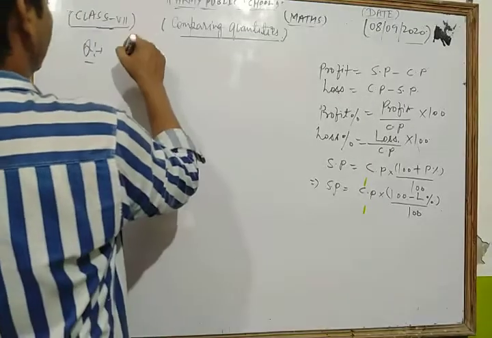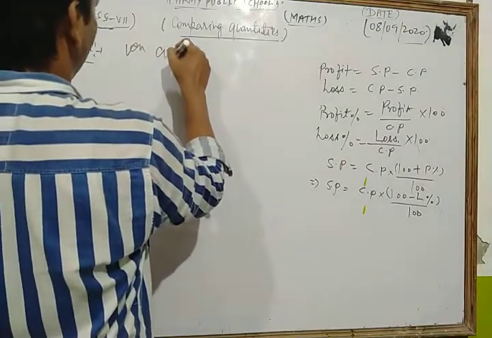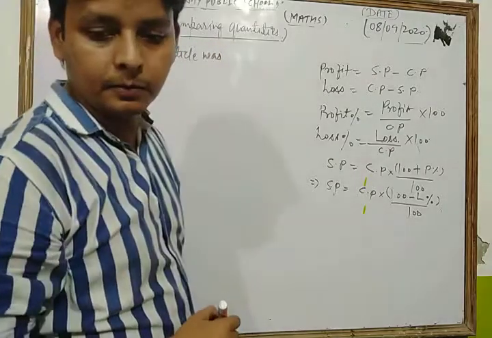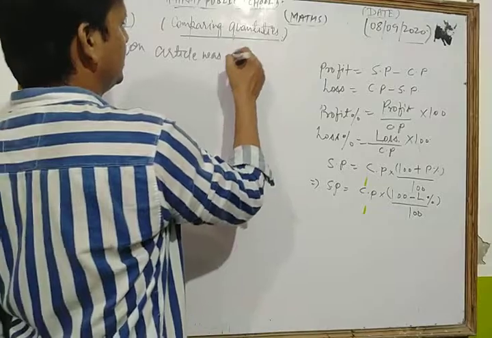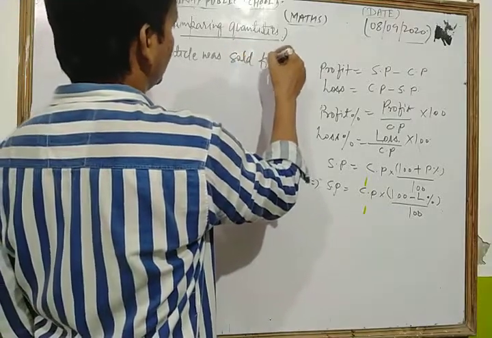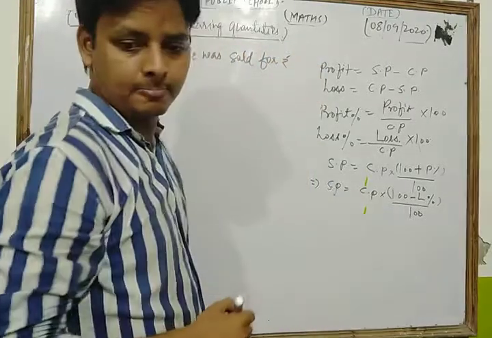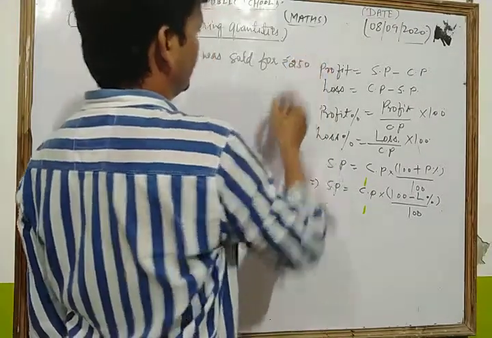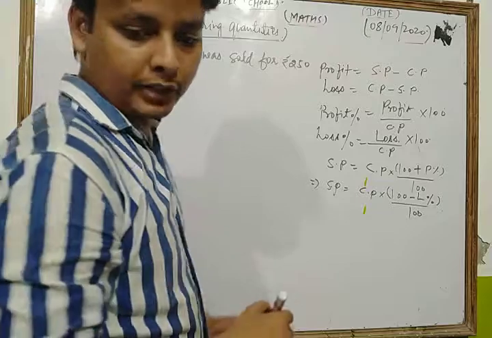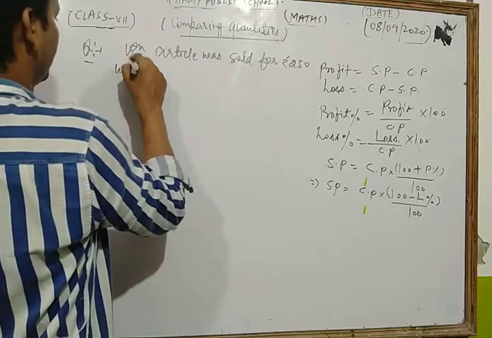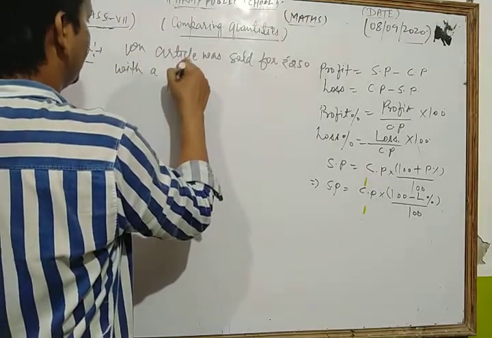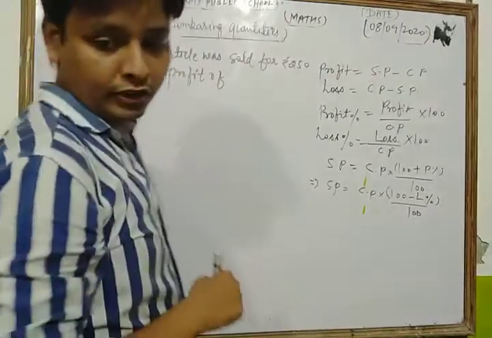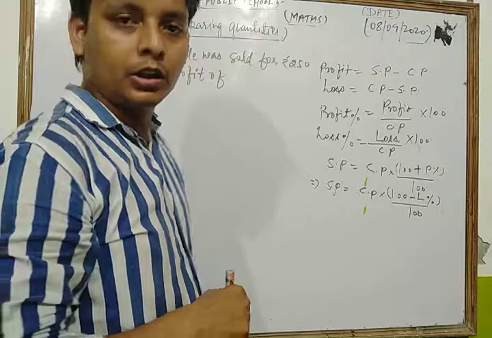An article was sold for rupees 250 with a profit of 12%.